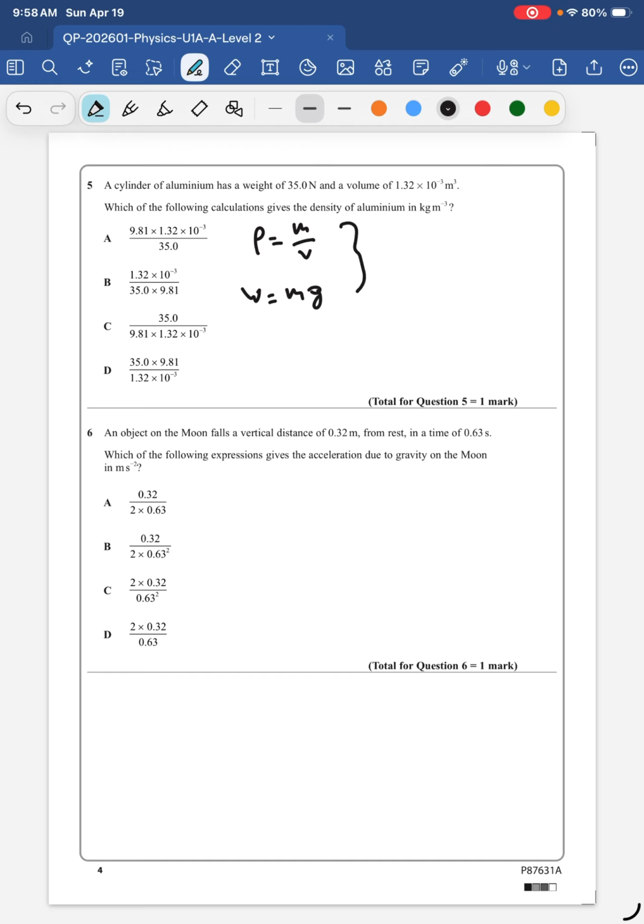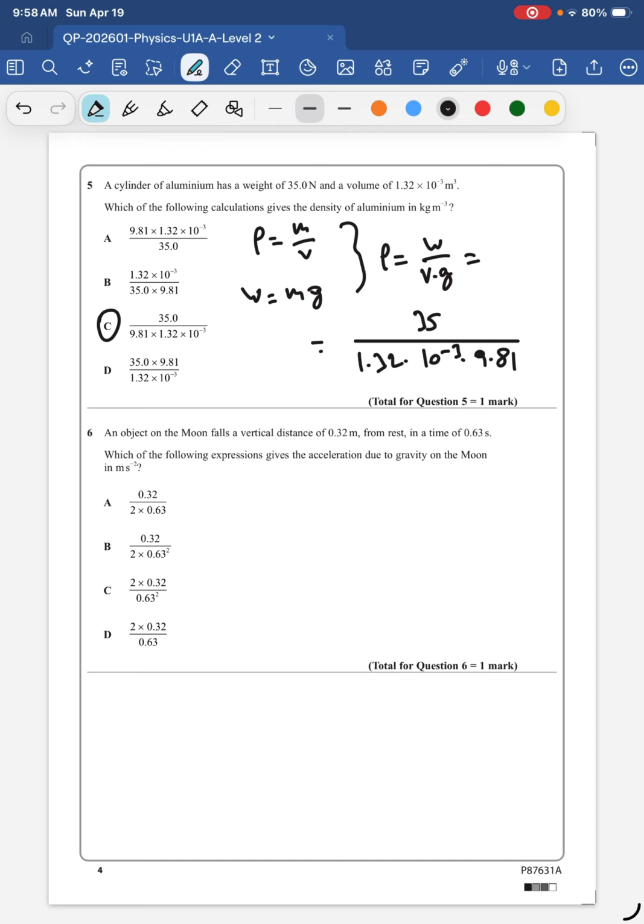So since we are not given the mass, we can use the weight to write the mass as weight over g. So the answer in this case is 35, which is the weight in newtons, over 1.32 times 10 to the negative 3, which is the volume, times 9.81, which is option, which one is it? C.